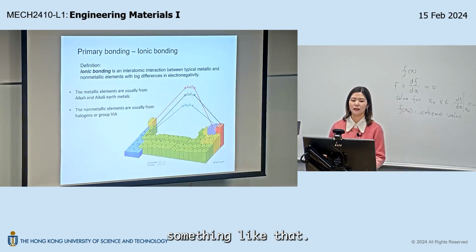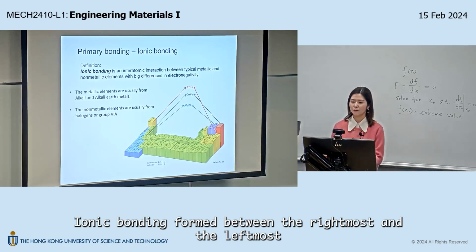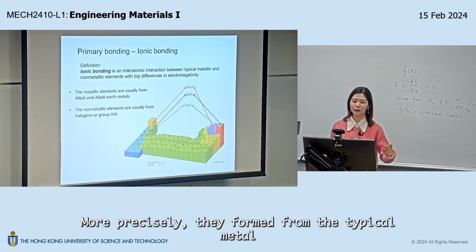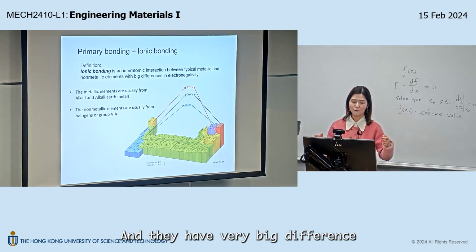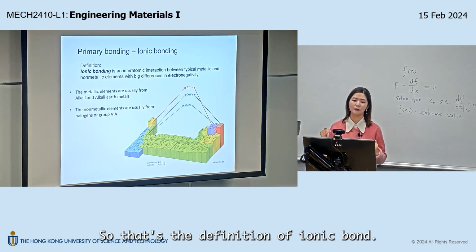Okay, something like that. Primary bond number one, ionic bonding. Ionic bonding formed between the rightmost and the leftmost element in periodic table. More precisely, they formed from the typical metal and the typical non-metal. And they have very big difference in electron activity. Okay, so that's the definition of ionic bond.